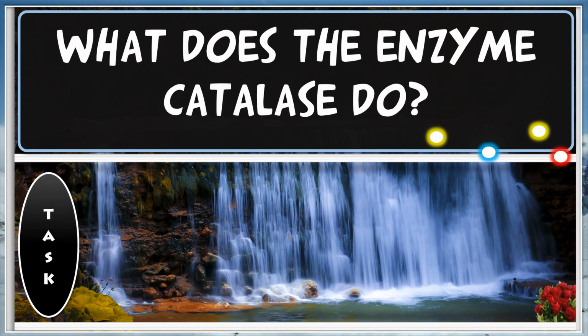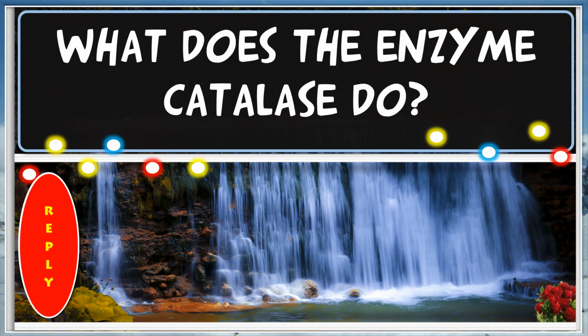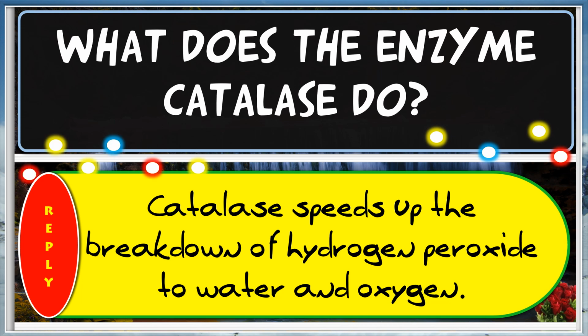What does the enzyme catalase do? Catalase speeds up the breakdown of hydrogen peroxide to water and oxygen.